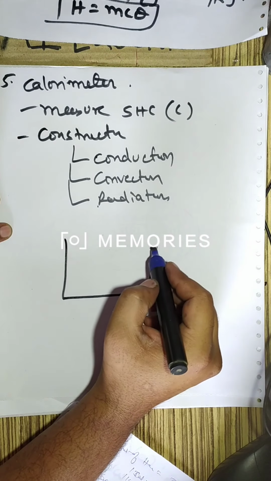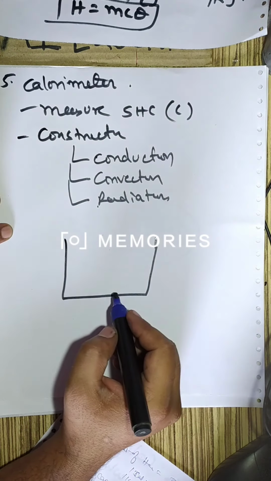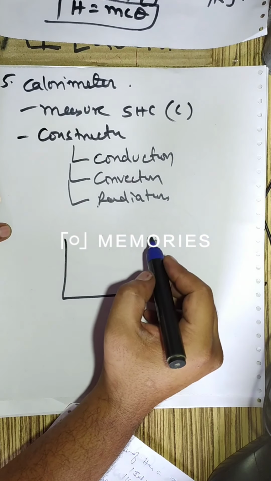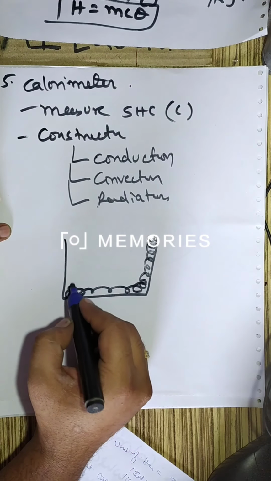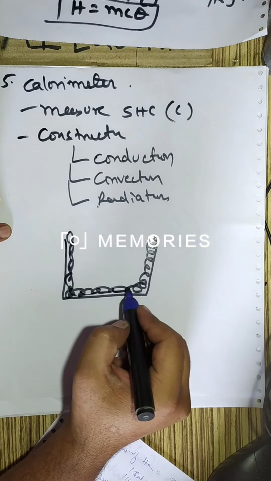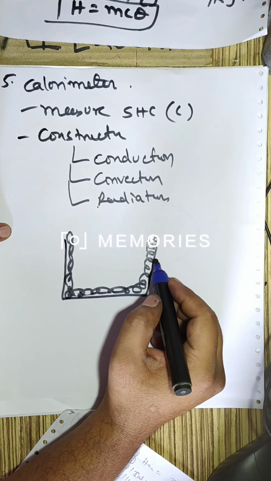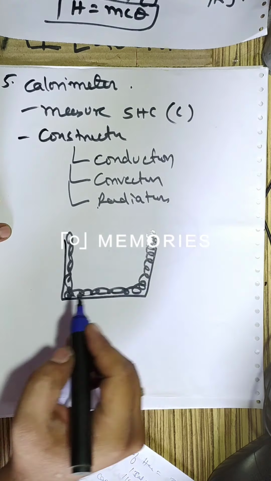This wooden jacket prevents conduction. Inside the wooden jacket is a wool lining or an asbestos lining. This wool further acts as an insulator to avoid conduction between the inside and the outside of the calorimeter.